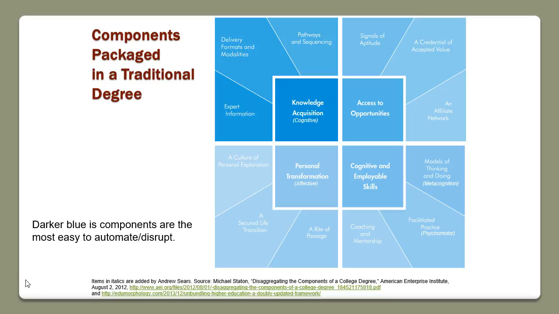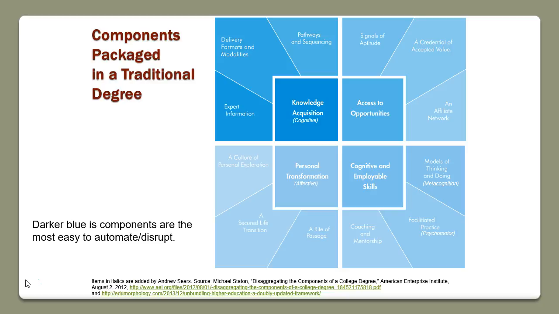I later added the idea, for those of you familiar with Bloom's taxonomy, that some of these areas correlate with the larger domains of Bloom's taxonomy. Knowledge acquisition is largely in the cognitive domain, personal transformation largely in the affective domain, the facilitated practices in cognitive and employable skills are in the psychomotor domain, and the models and thinking of doing are in metacognition.